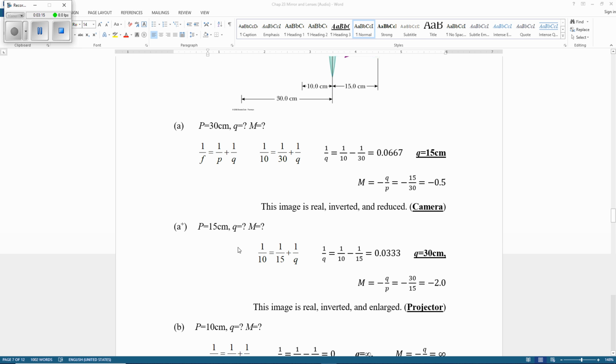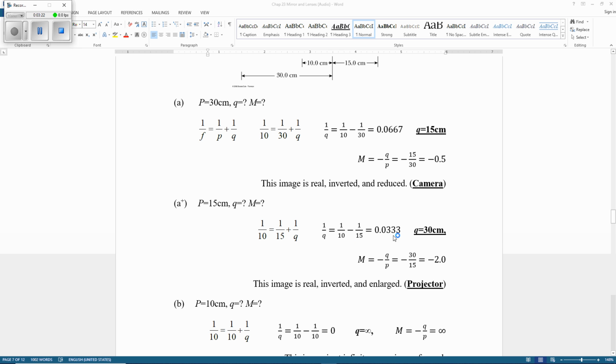Now, the second example: when P equals 15 centimeters, we calculate Q, the image distance, equals 30 centimeters. And the magnification again equals negative Q over P, equals negative 30 over 15, that's P. That gives you negative 2, so a bigger image.